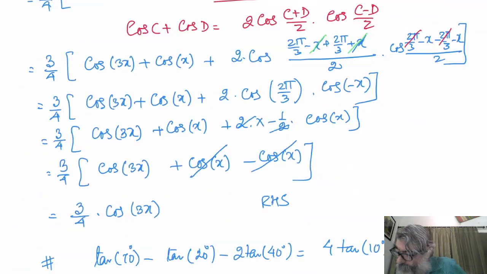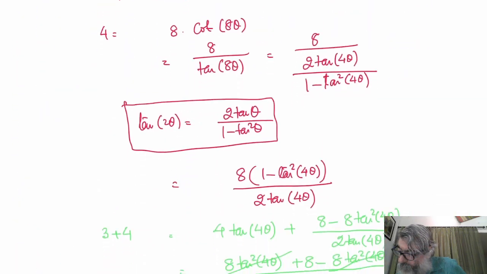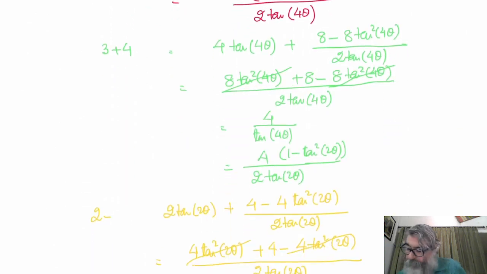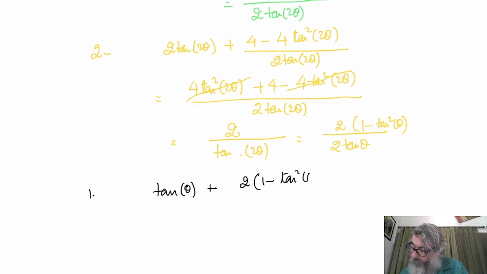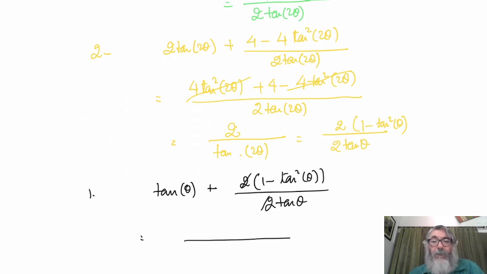Here the 2 tan theta cancels. If I take the LCM, it is tan theta, it will become tan square theta plus 1 minus tan square theta. Tan square theta will cancel. 1 upon tan theta is cot theta, which is the right hand side.